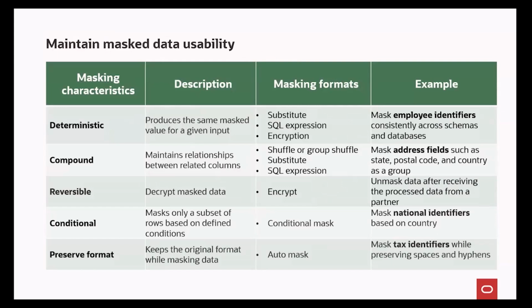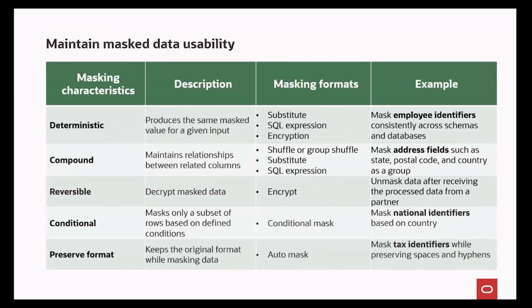To understand this area more, it is important to also gain an understanding of the various masking characteristics that DMS can offer, including deterministic, compound, reversibility, conditional, and even preserving the masking format. Each of these masking characteristics will have a use case of its own.